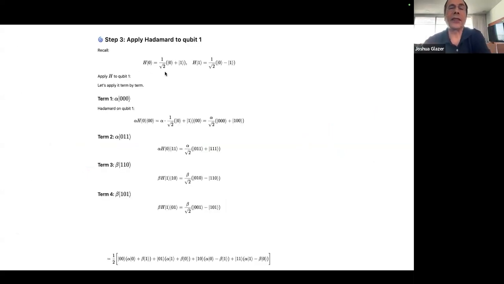Okay, the Hadamard is a little bit more complicated. To remind you, Hadamard on a 0 does this, and Hadamard on a 1 does this. So what we're doing is we're just doing a Hadamard on the green particle. And here really comes the magic. I really want you to look at this page because this is really the true magic of quantum computing.